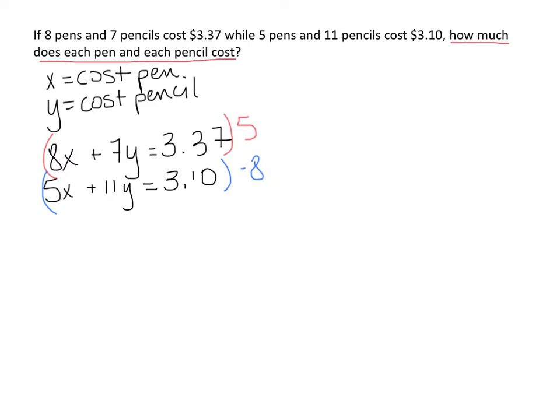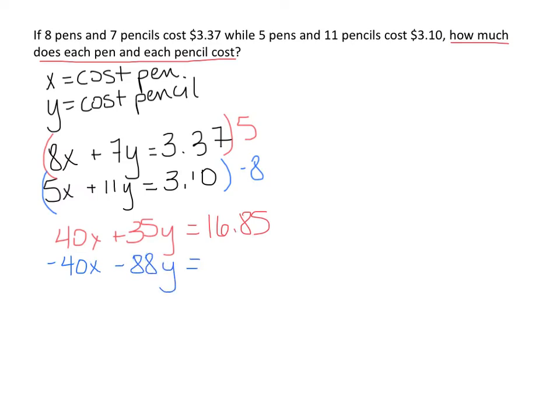So my top equation becomes, and then the second equation, when I add them together, 40x and -40x eliminate.